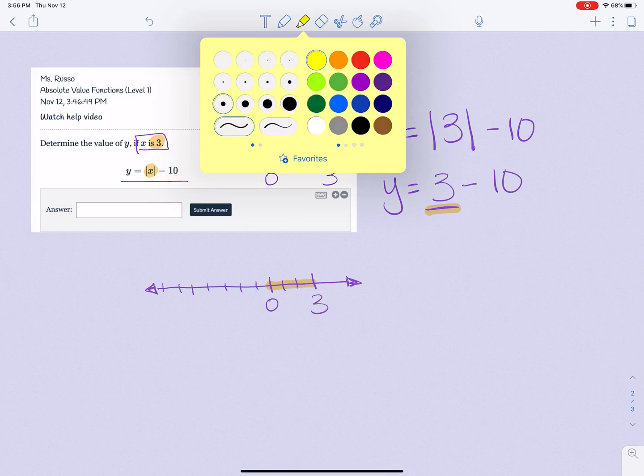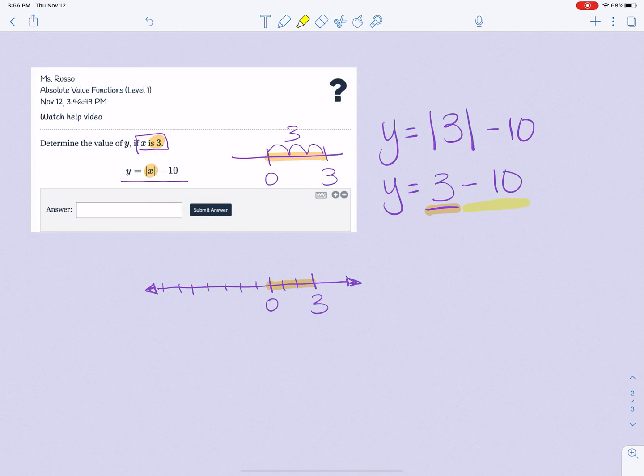Then this number is telling us to go backwards 10. 1, 2, 3, 4, 5, 6, 7, 8, 9, 10. So it has me ending right here. Now, if we had been counting, this is -1, -2. This is actually -7. So y equals -7. Okay, so I submit that as my answer, and that's it. Ask me questions in class.